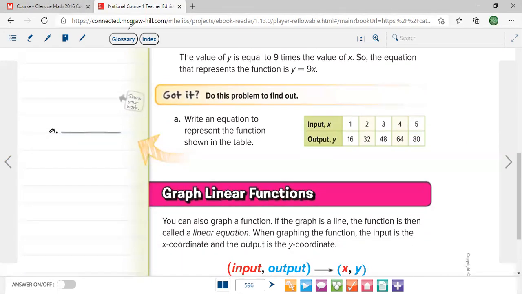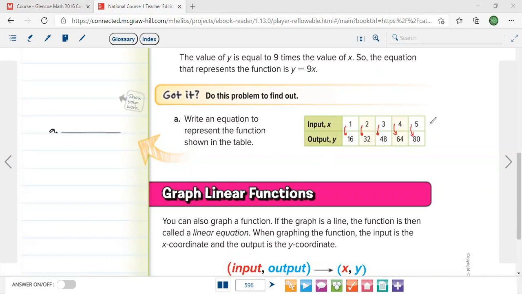Like this problem, problem A, write an equation to represent the function shown in the table. Means we need to discover what's happening for the input to be the output. How come x becomes y? So from 1 to 16, we multiplied by 16, multiply 16, multiply 16, multiply 16.